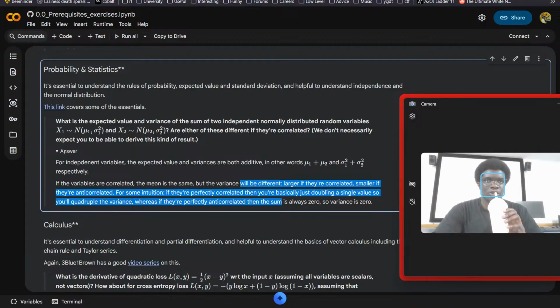I guess we can start with the definition of variance, which is the expectation of the square minus the square of the expectation. So E of (x1 plus x2) squared minus (E of x1 plus x2) all squared. Okay, and then expanding this out, what do we get?